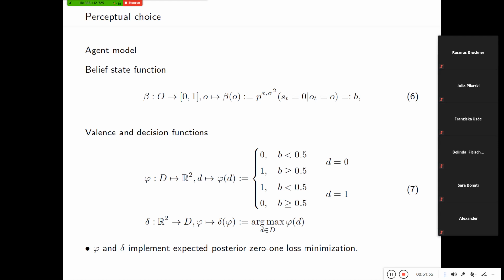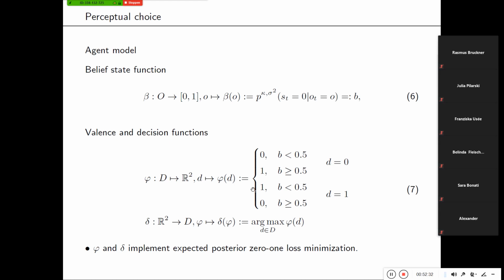So if I believe more than 50% that it's state 0, I take the decision that corresponds to state 0. If I believe with higher probability than 50% that it's state 1, then I take the decision that maximizes my valence, and this valence is higher for decision 1.